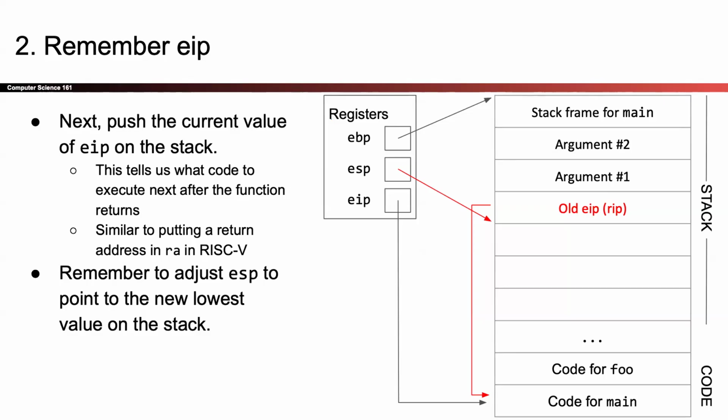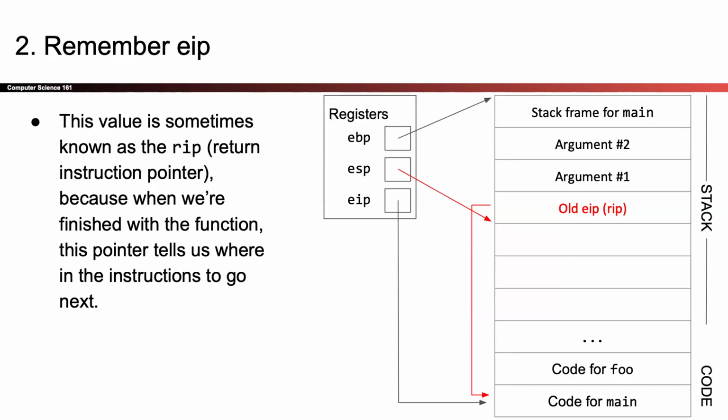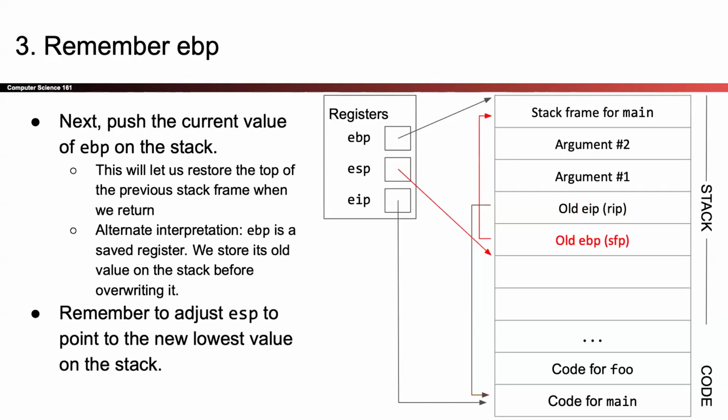Now that EIP is saved. Sometimes we call that saved copy of the EIP the RIP, R meaning return instruction pointer. This is where to return to. When the function we're calling returns, it's going to go back to that address stored on the stack, the RIP.